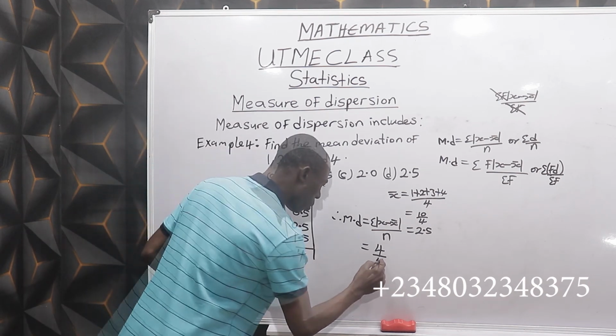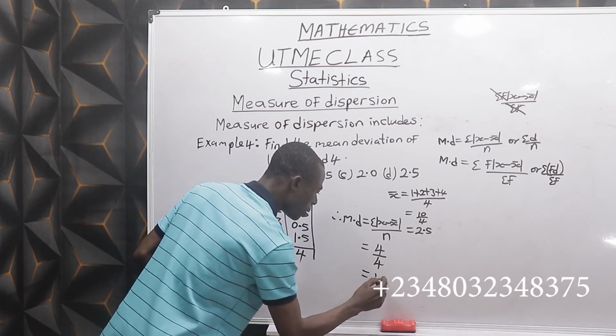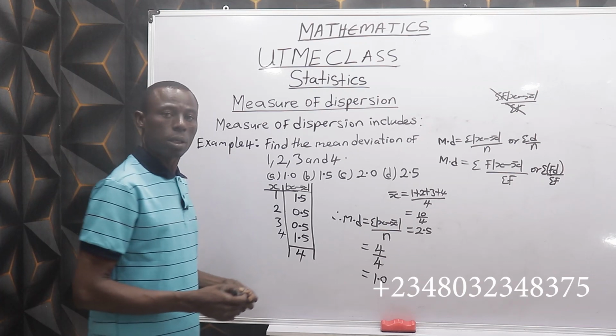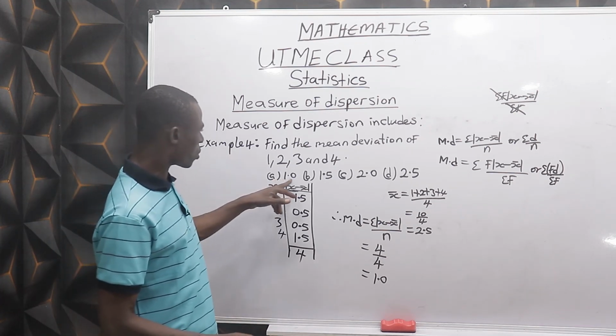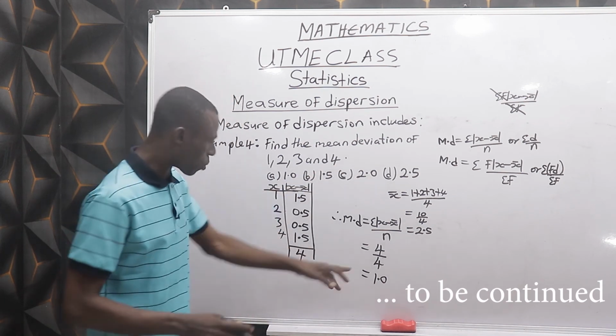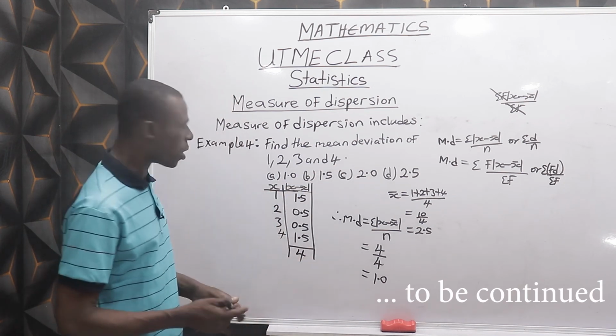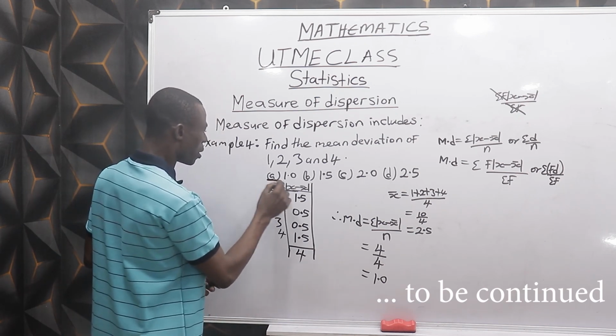It is 4. So 4 divided by 4 is 1.0. If you write it as 1, there is no crime there. But look at the options. Options are written in 1 decimal place. That's why I put my own as 1.0, which tallies with option A in the options.